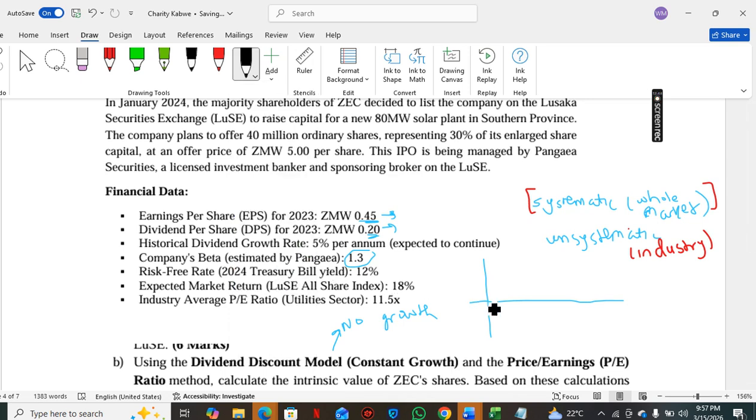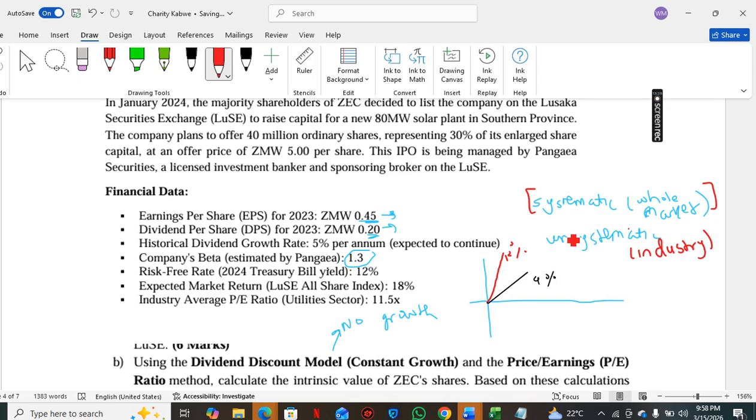If the stock market is doing well and grows, maybe let's say by 9%, then for a company like ZEC with a higher beta, the growth will be higher than the market. Maybe the growth might be 12%, which is a good thing, because you earn more returns than the average companies in the stock market. That's the good side of having a high beta. The stock market grows, you're going to grow at a higher rate.